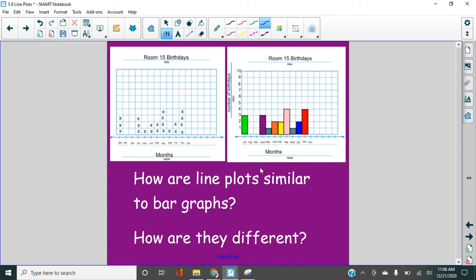Mainly in how they're shown. There are X's here, there are bars here. One other thing I want to show you is that there's nothing that we write up the side on a line plot. But on a bar graph, we do, and we label that here. So there are a couple of differences between line plots and bar graphs.